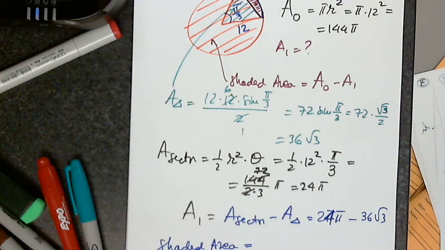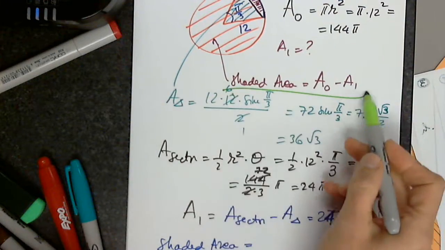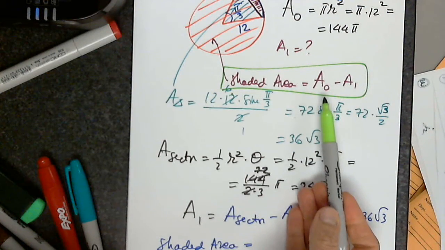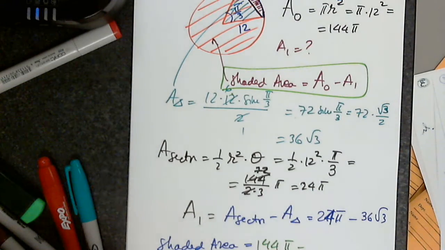Can anyone dictate the shaded area? Shaded area. Exactly. Minus 24 pi.